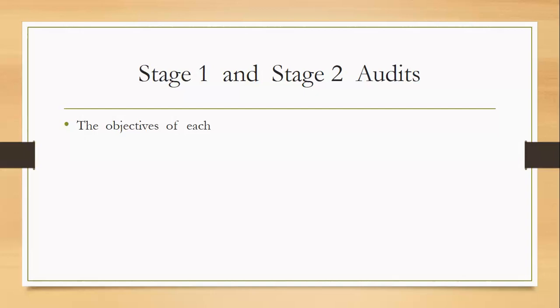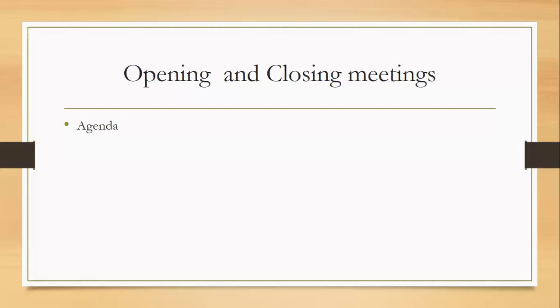Okay. So then of course we also have what we call opening and closing meetings. The opening meeting is basically used to kickstart the audit. There, the objective is for the lead auditor to present his or her team to the auditee, and mention the objectives.